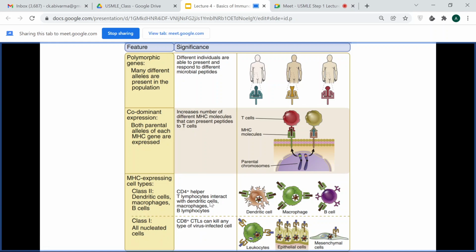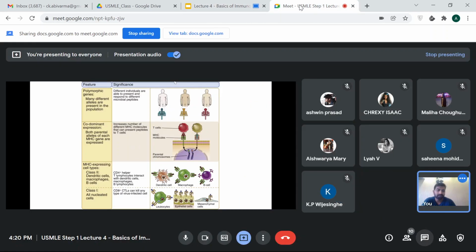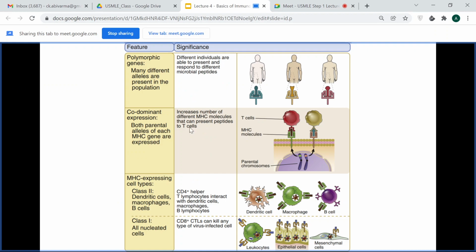So that means there are probably some exceptions to it. Can anyone give me an example of a cell that would probably not express MHC class 1? RBC. Yeah, that's correct, because RBCs are not nucleated, so RBCs do not express MHC class 1.